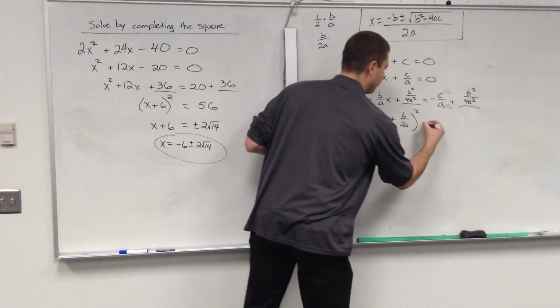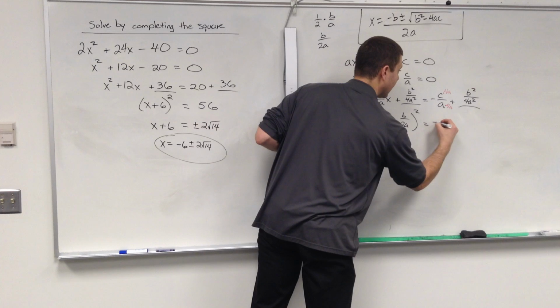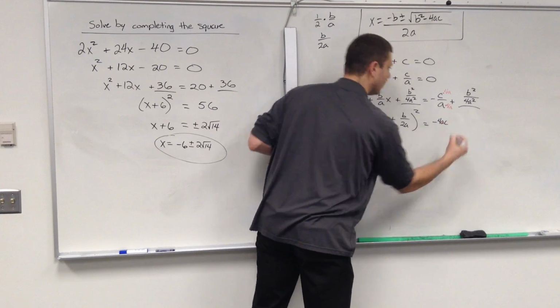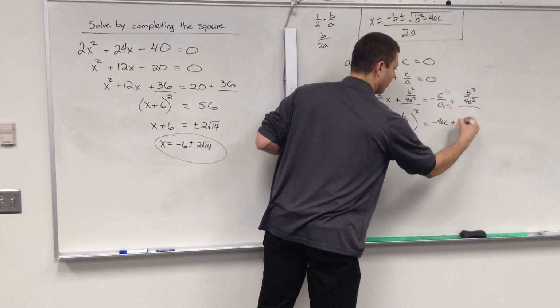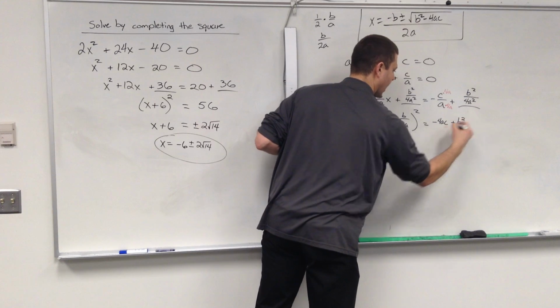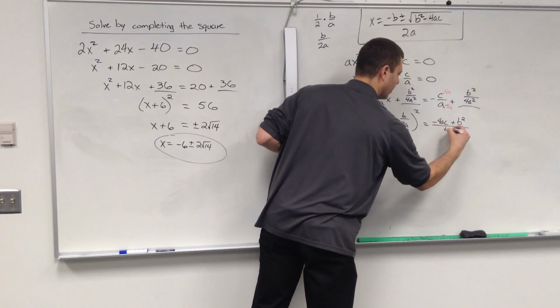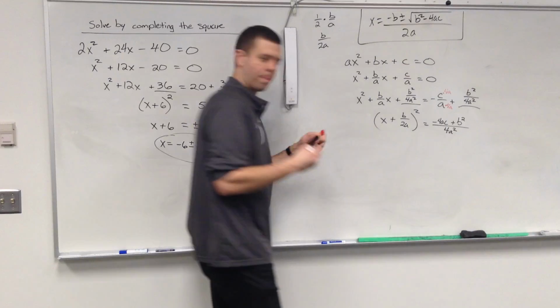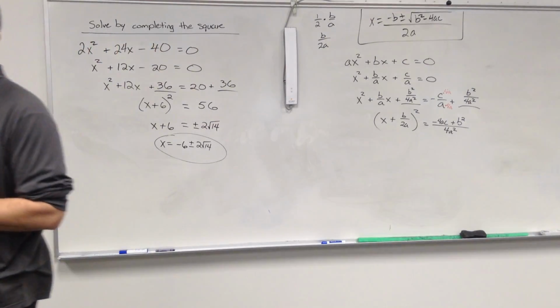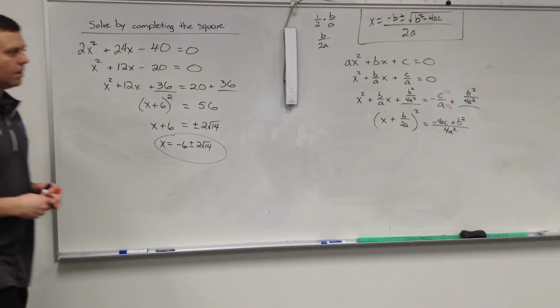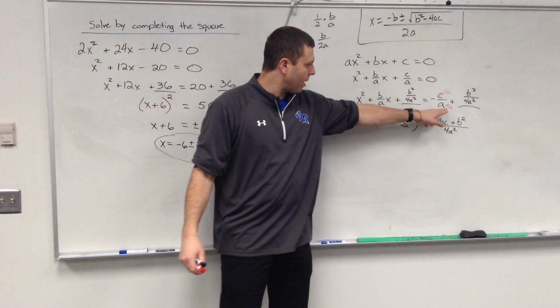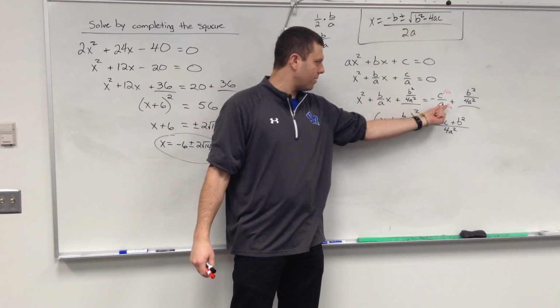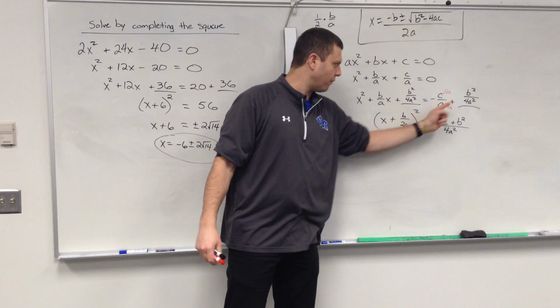And I will get, that would be a negative 4ac plus the b squared that I already had all over 4a squared. Because as soon as I multiply it by 4a over 4a, then both of my denominators are 4a squared.